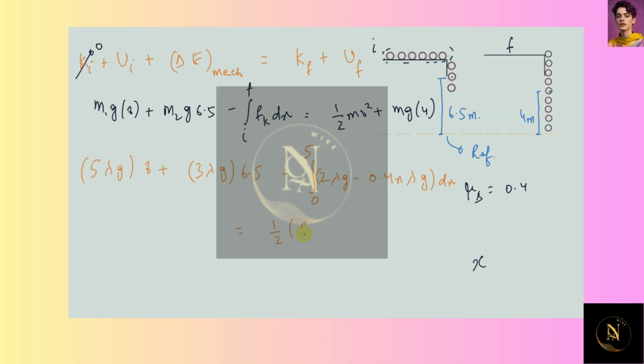So total mass is 8 lambda, times v square, which we have to calculate, plus m g times 4, where m is 8 lambda because the total mass is 8 lambda.